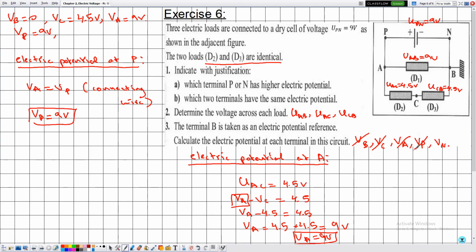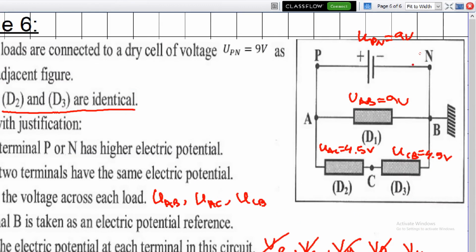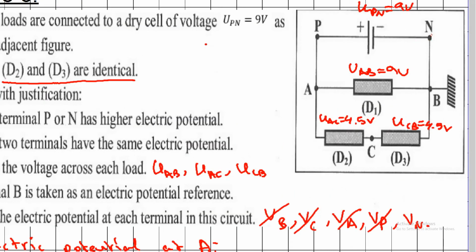Now we are done with the point P, so it's left to determine the electric potential at the point N. So moving from P to the closest point, indeed, which is the point N. In order to determine the electric potential at the point N, we need to know the voltage that relates this point to another point in which we know the electric potential of the other point.